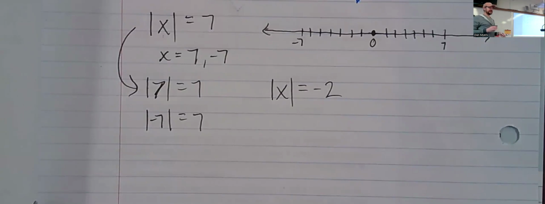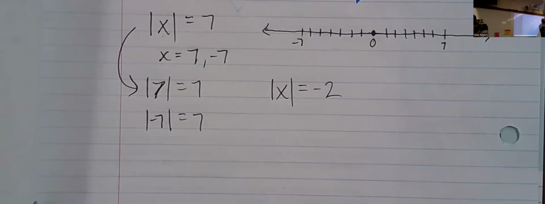Absolute value of x equals -2. What number is -2 away from x on the number line? What's that? So how far away is 2 from 0 on the number line?